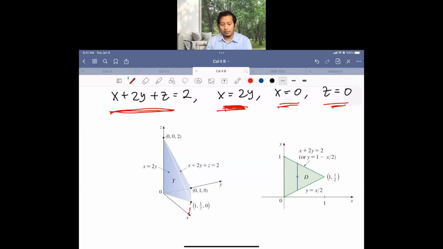But since we have this x equals 2y, or y equals half x, the tetrahedron is cut at this point.